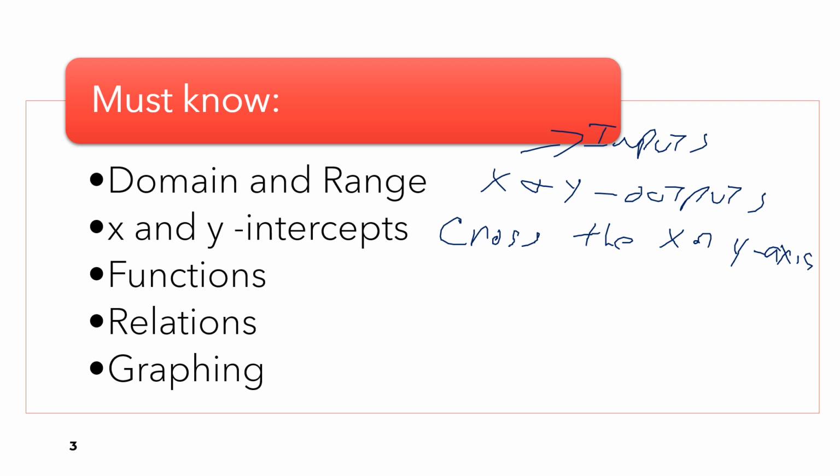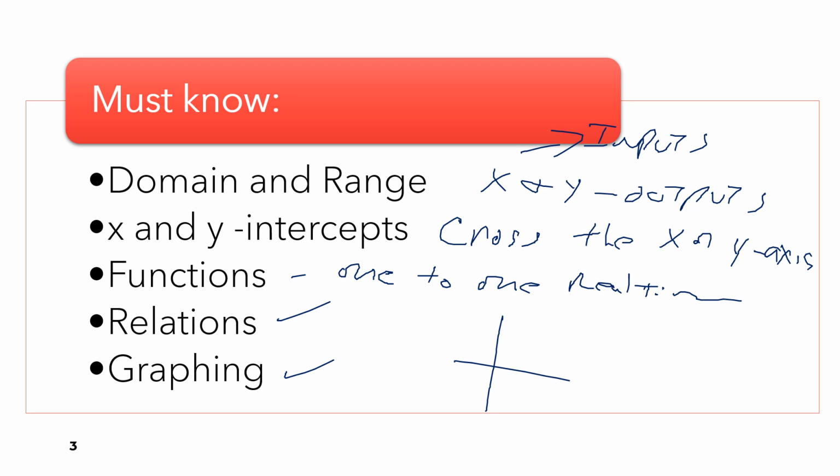You know what a function is. It's a one-to-one relation. Each input only has one output. In graphing, you've got to be able to plot points and connect them. I know you can do these things because we've already done them, so this shouldn't be super complicated.